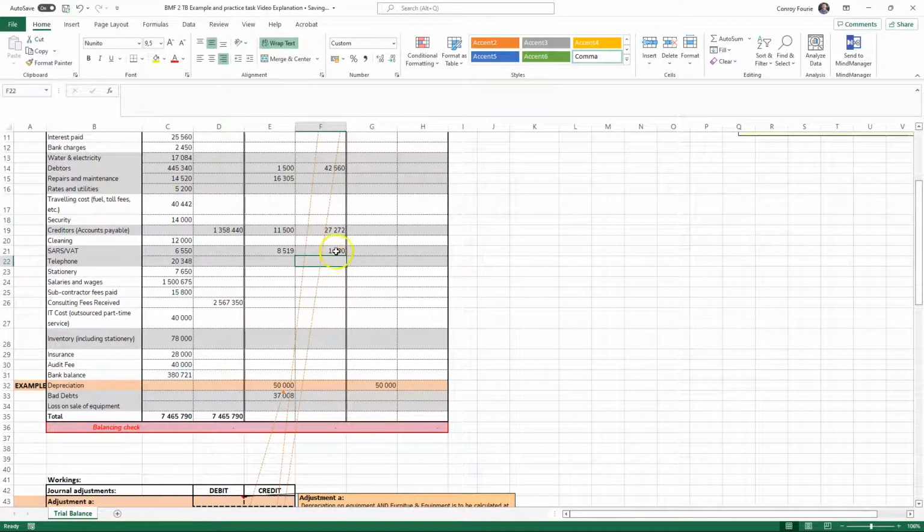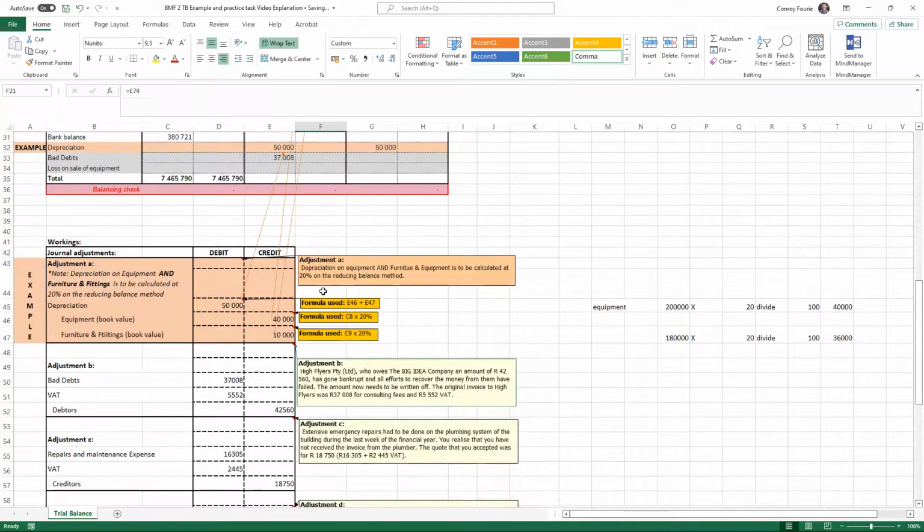Okay, so that's the amount in there for that.